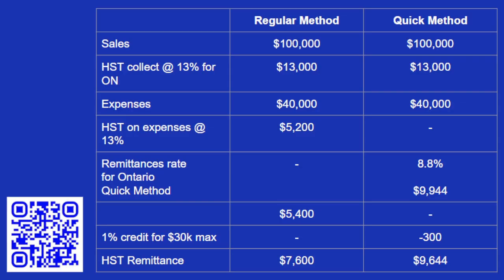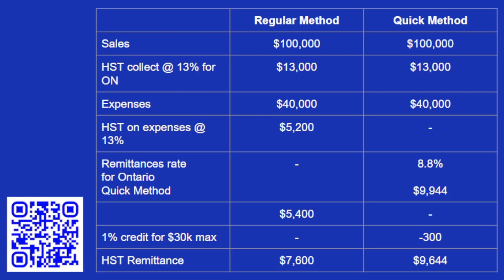Here's an example. In both cases, you've got $100,000 of sales. So with $100,000, you're going to have HST at 13%, which is $13,000. Now, expenses are going to be $40,000. So if you have the regular method, you have HST of 13%.